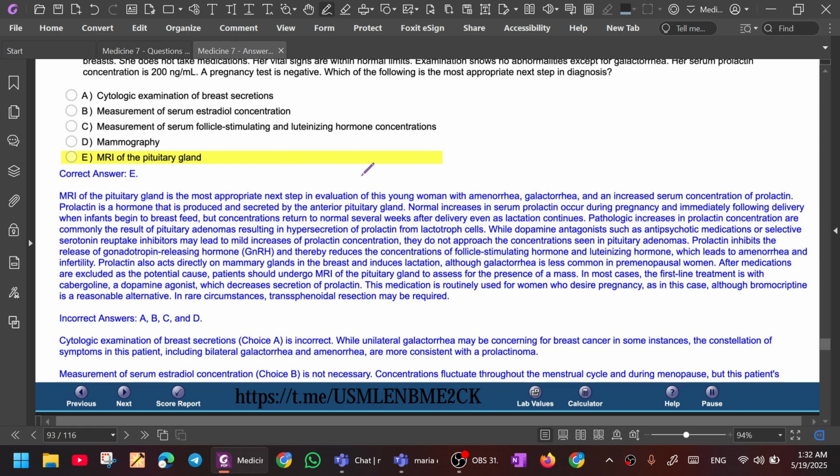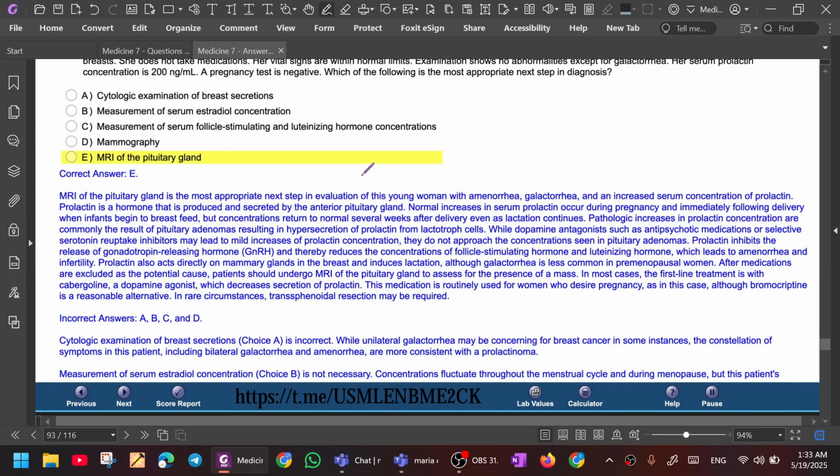Normal increases in prolactin occur during pregnancy and immediately following delivery when infants begin to breastfeed, but concentrations return to normal several weeks after delivery even as lactation continues.